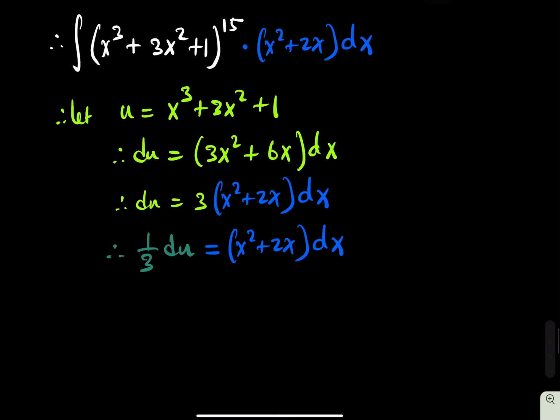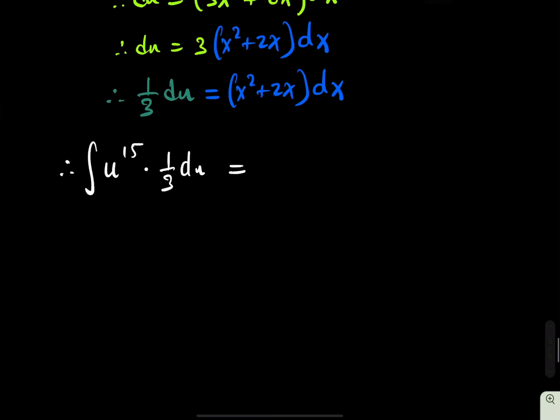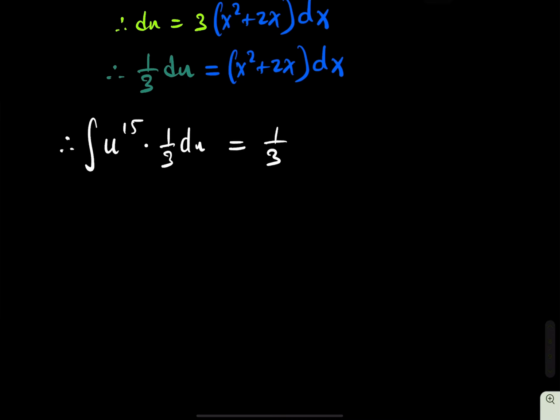So you're just going to replace everything into the integrand. Therefore, the integral of this is u to the power 15 multiplied by this one, which gives you 1 over 3 du. That is equal to 1/3 the integral of u to the power 15 du. As a result, you get 1/3 into 1 over 16 u to the power 16.